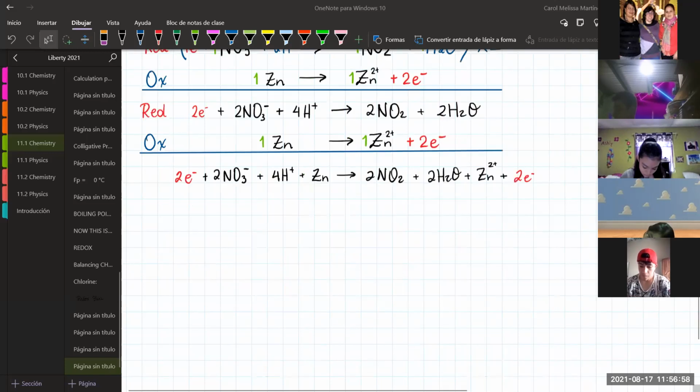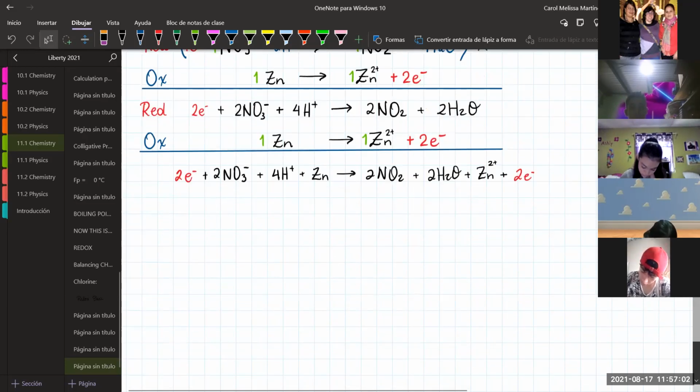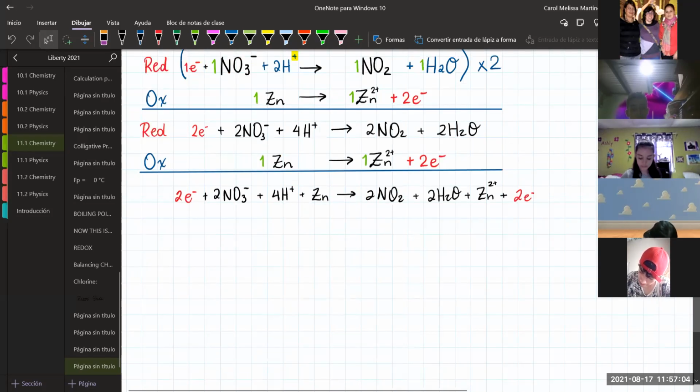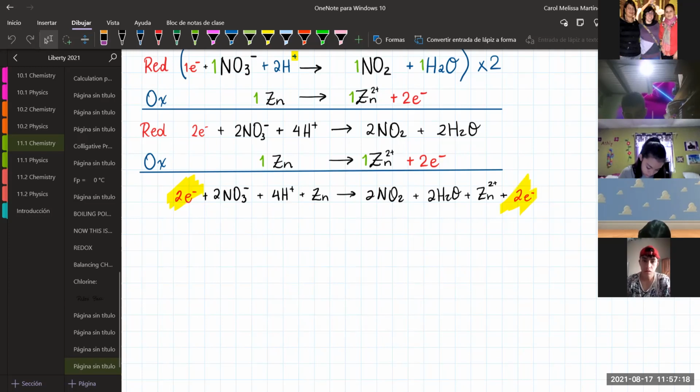So at this point is where you start to compare whatever you have in the reactants with whatever you have in the product. If those numbers and substances are the same, they are going to be cancelled. In this case, the only thing that is repeated in the two sides of the reaction is the amount of electrons. Okay?